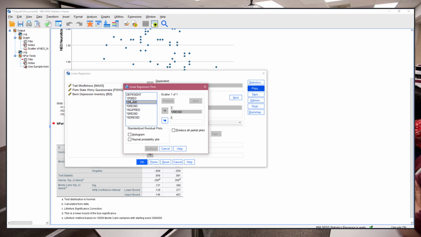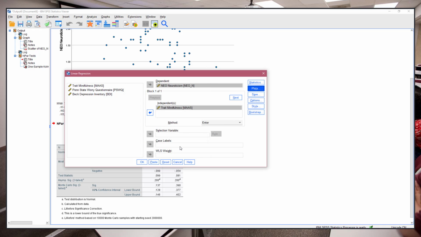And then we are going to put the standardized prediction from our model, so what y is whenever it comes out, and we put it under the x variable. And then we click Continue. And that's going to give us a plot of how our errors are distributed about our predicted values.